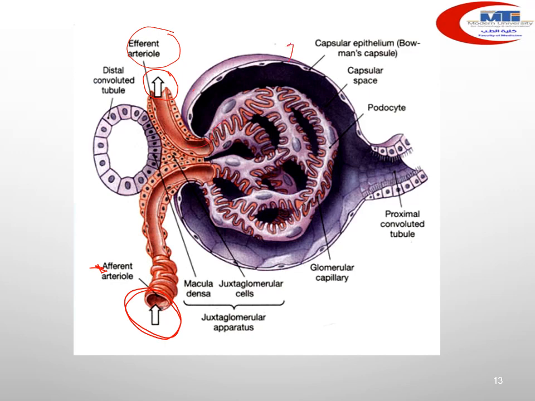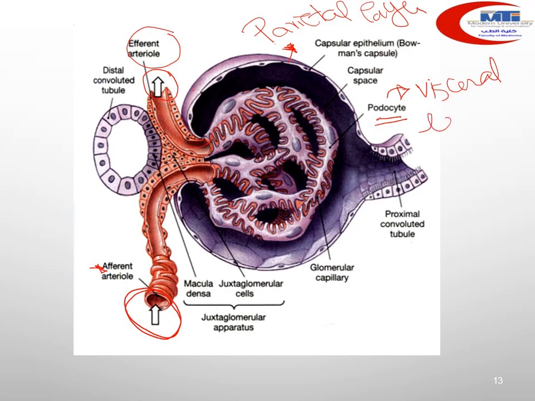This is the parietal layer, and the other one, the podocyte, is called the visceral layer of the Bowman's capsule. This dark space is where the filtered blood enters, and it goes to the urinary pool of the proximal convoluted tubule.